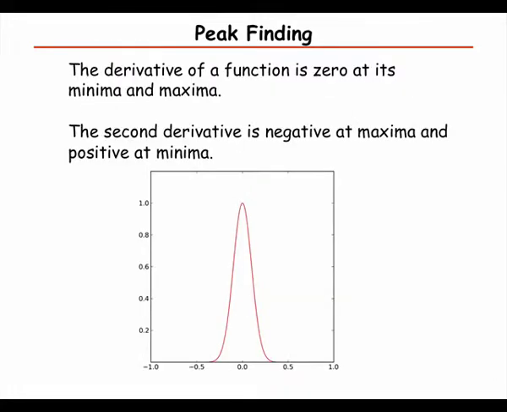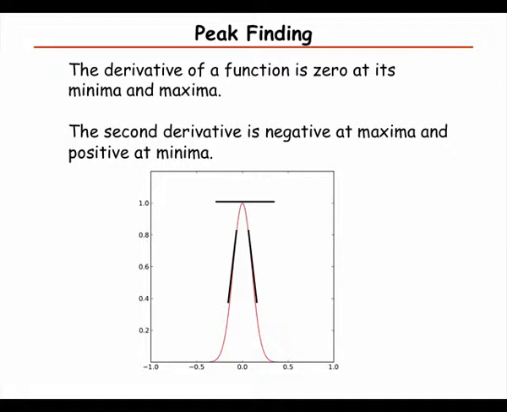Okay, so now we're probably ready to try to find peaks. So in general, if we have a function and the derivative of the function is 0, then it's either a minimum or a maximum. Since we're interested in peaks, we're interested in maxima. The derivative is first positive, then it's 0, and then it becomes negative as we go through the maximum.